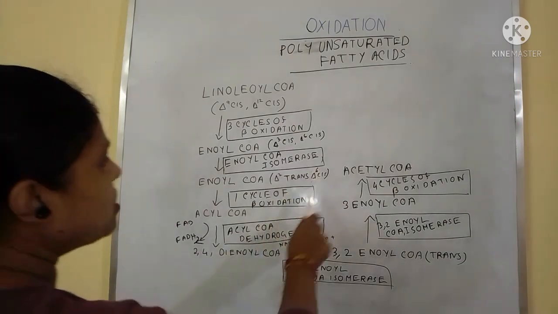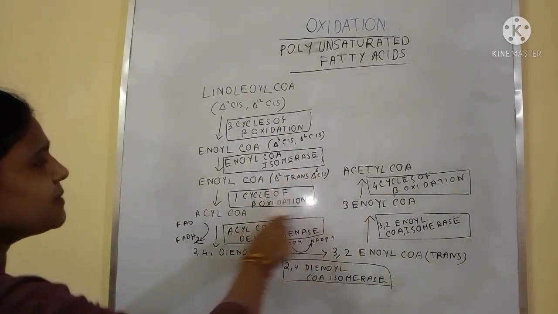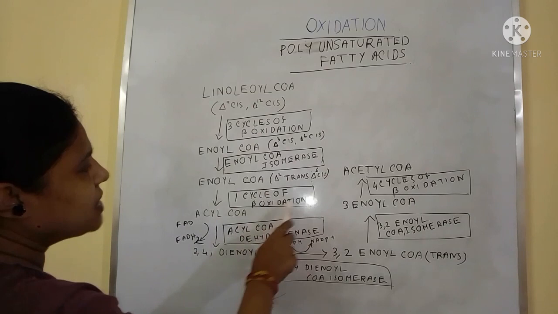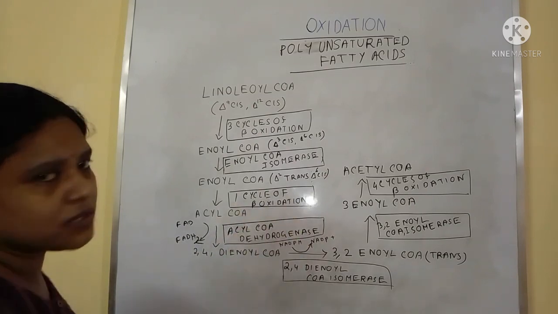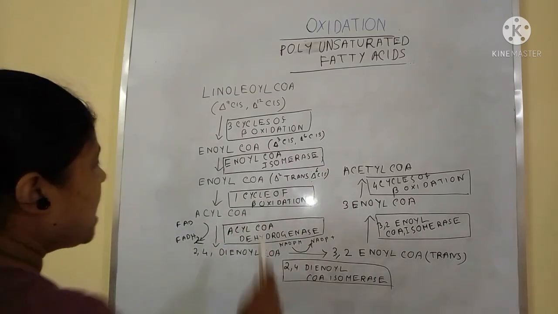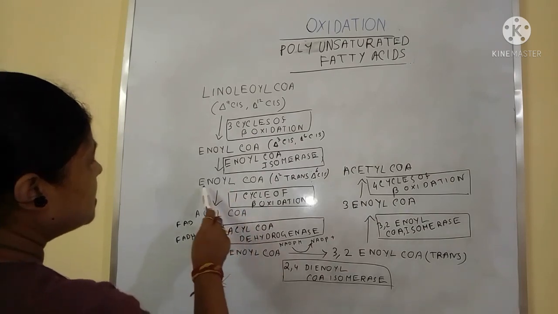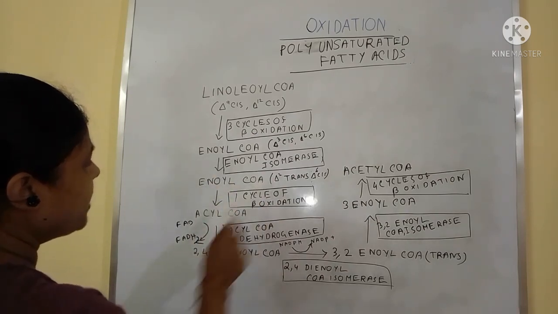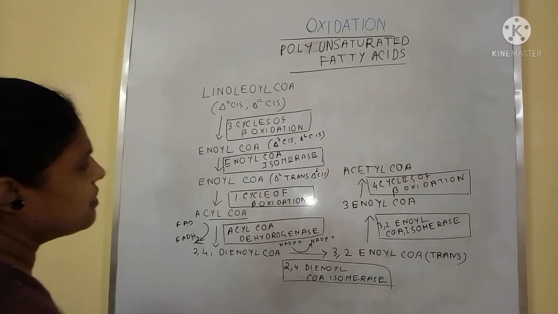After formation of the trans position, again one cycle of beta oxidation is possible, and after that acyl CoA is formed from the enoyl CoA.